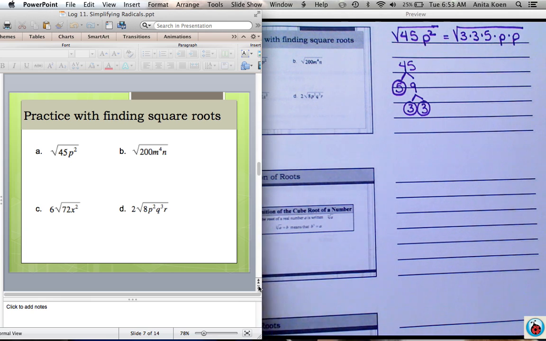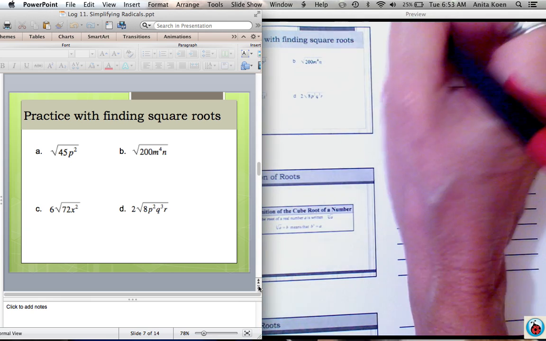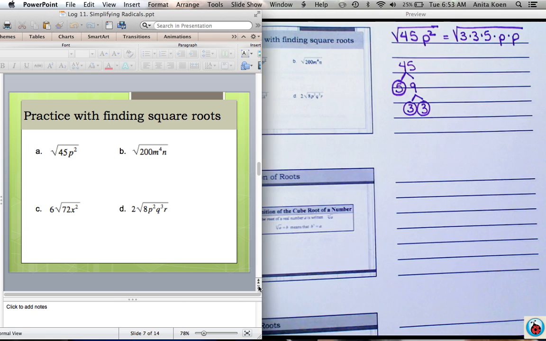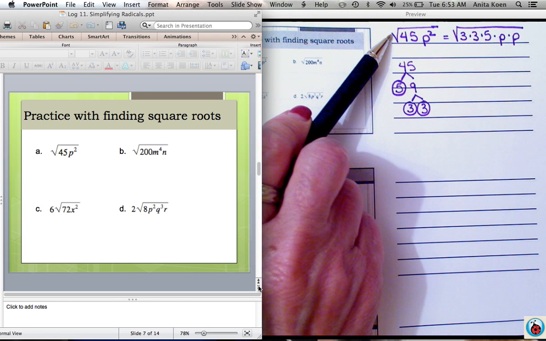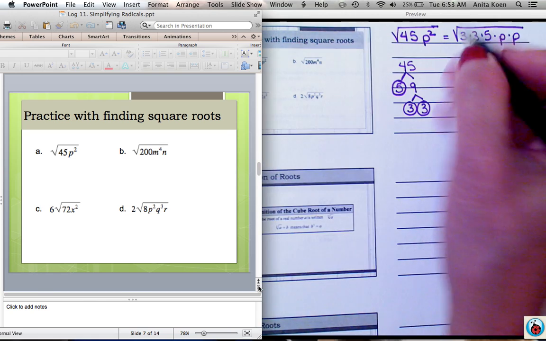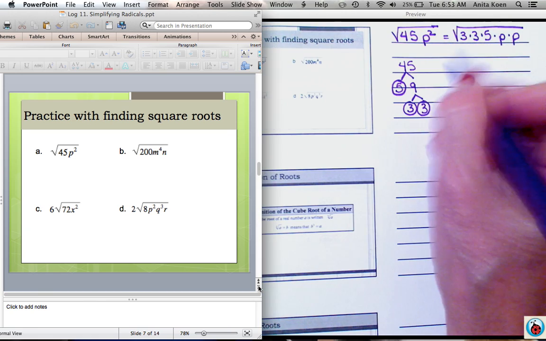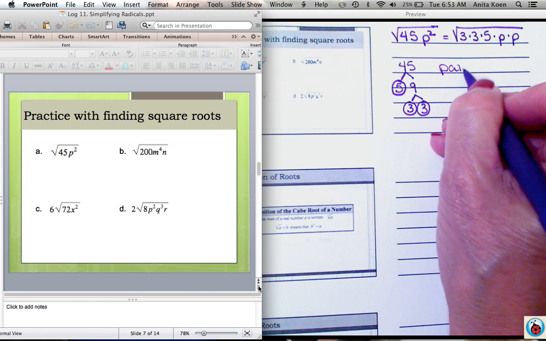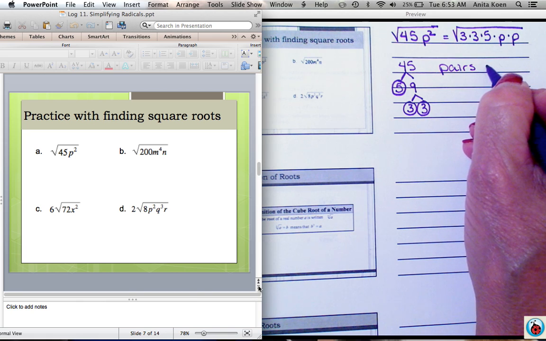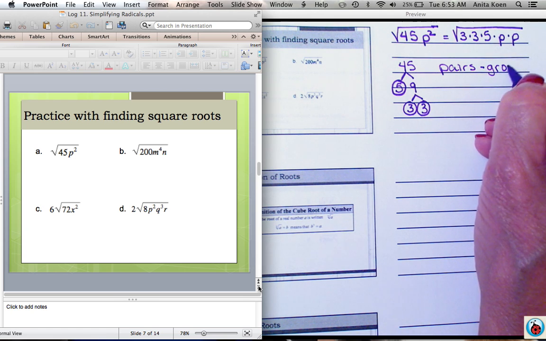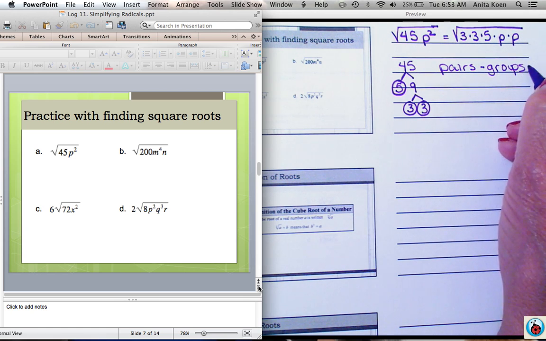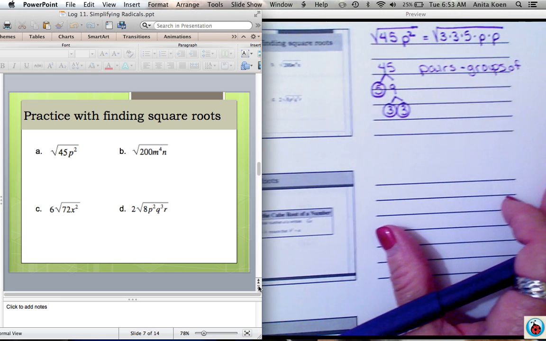Now what we're going to do is look, since we have an understood square root here, I'm sorry, I put my hand right in your way. Since we have an understood square root here, we're going to be looking for pairs, meaning groups of 2. Let me scooch over just a little bit.